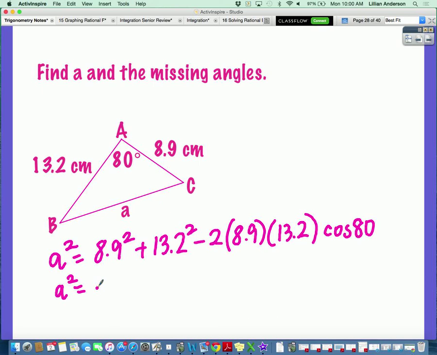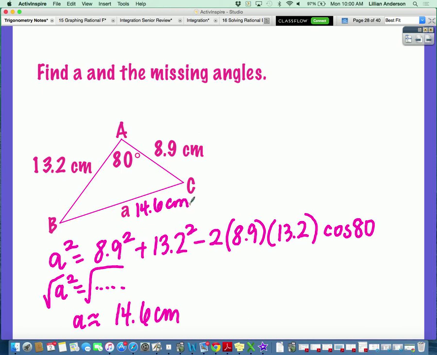Square root it. Even though we take the square root as plus or minus, we only want the positive version here. So when we take the square root, we get 14.6. Can I get confirmation? Yes. So 14.6 centimeters, about.